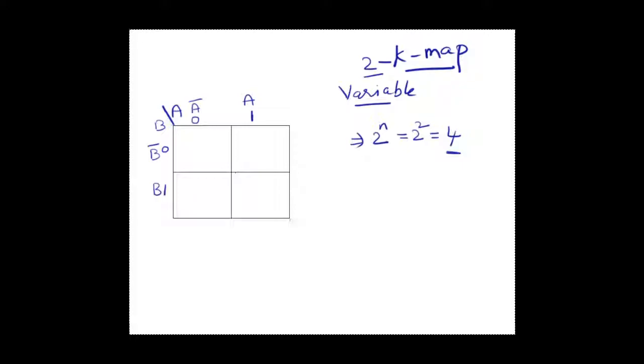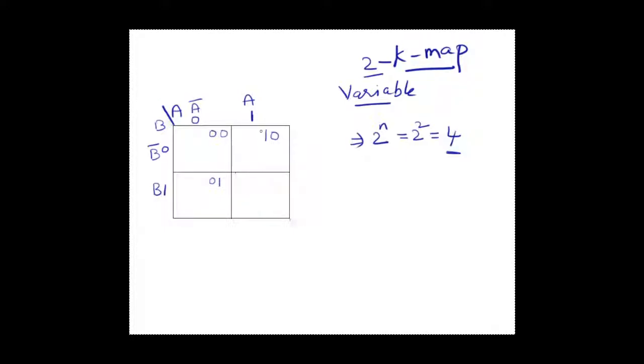So now let's consider A and B. This column here has A as 0, and this row has B as 0. So this is A is 0, B is also 0, so this is 0, 0. Here I have A as 1 and B as 0. Here A is 0 and B is 1.